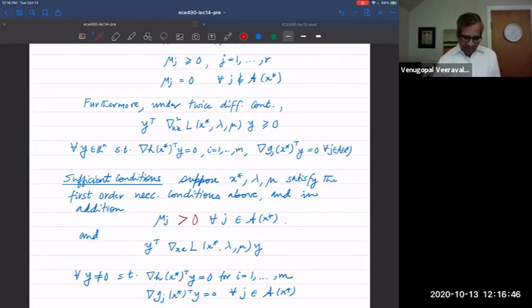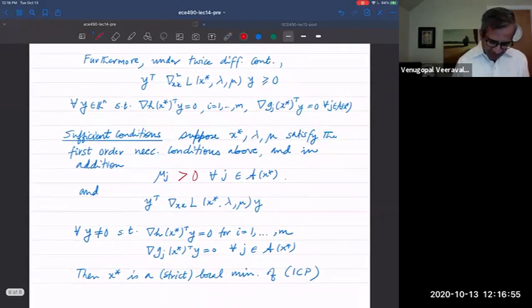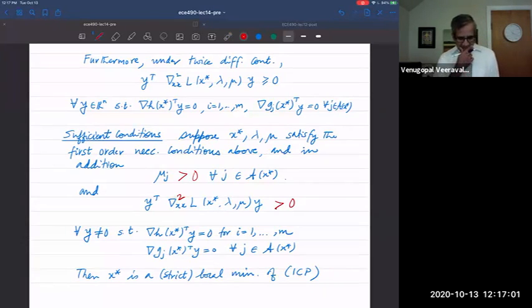set, and this inner product Y transpose Hessian Y, I made a lot of typos in this, huh? Okay, those should be squares there. Hessian Y is positive for all Y not equal to 0. Now we have to consider all Y not equal to 0 such that this is true. Then X star is a strict local minimum.